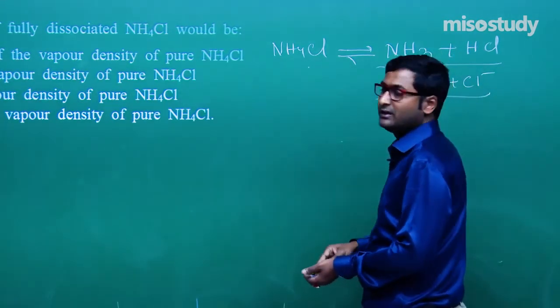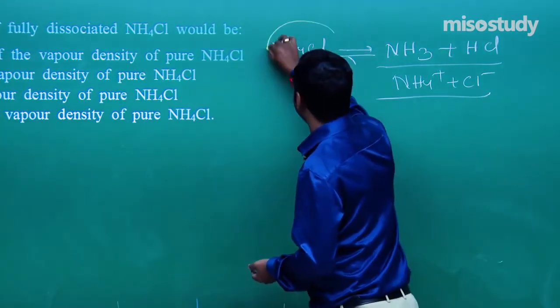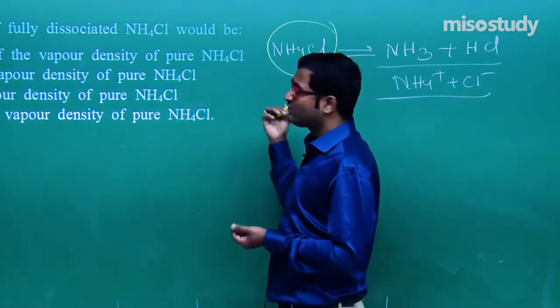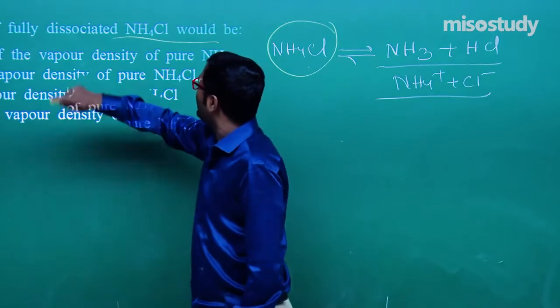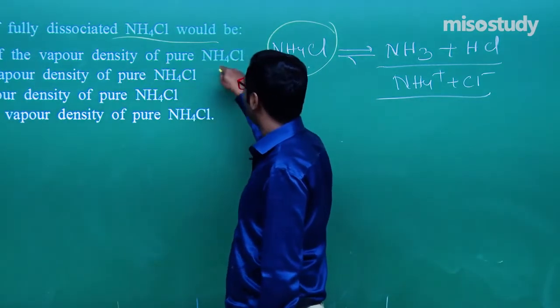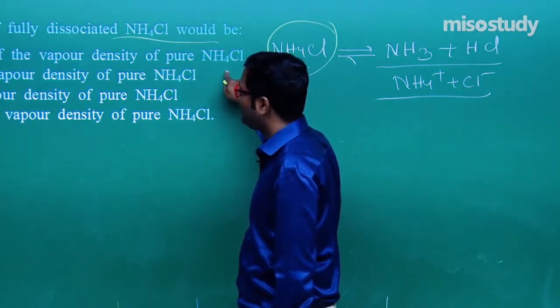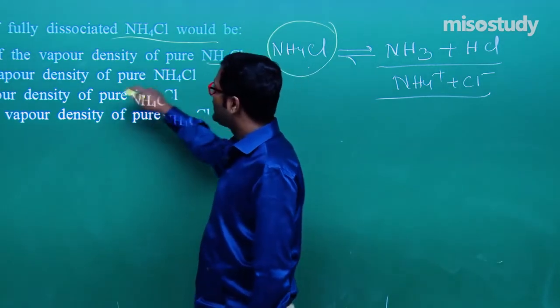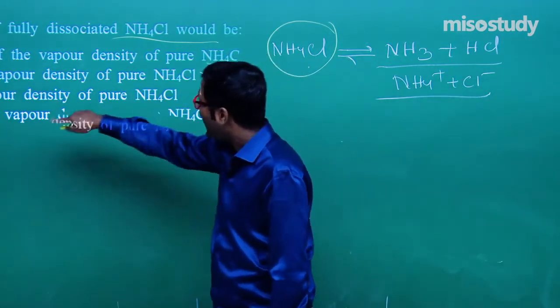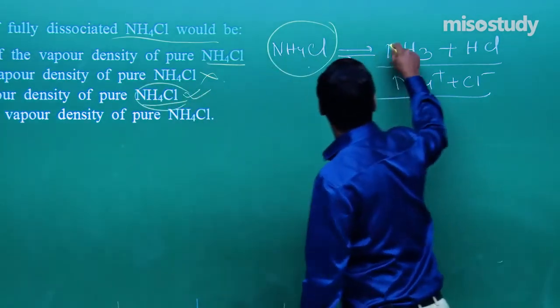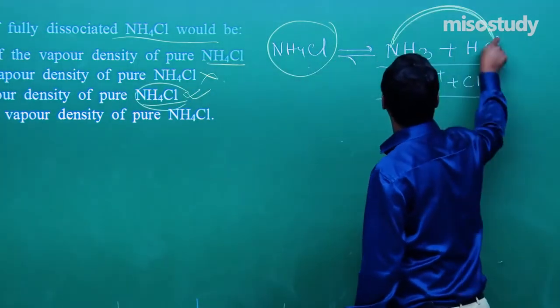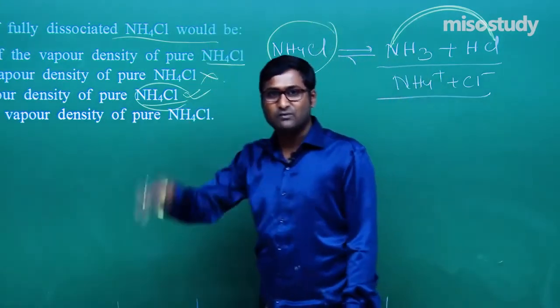This is the expression. And if dissociation takes place, then definitely it will have less vapor density. So in this case, what will happen? Half of the vapor density of pure, because this is 1 mole, now it is converted to 2, just double, so vapor density will be half.